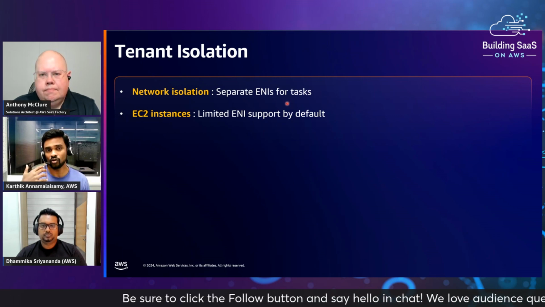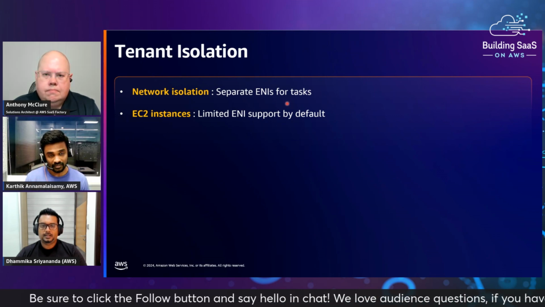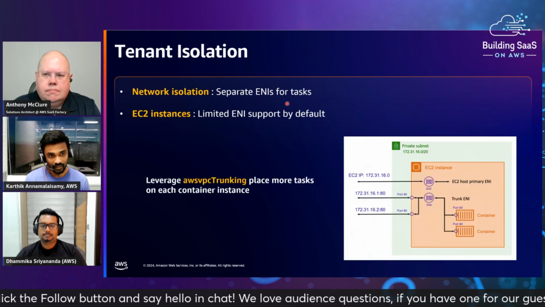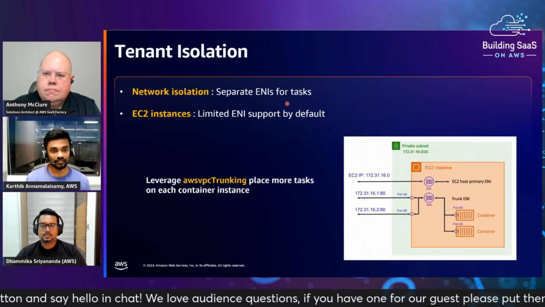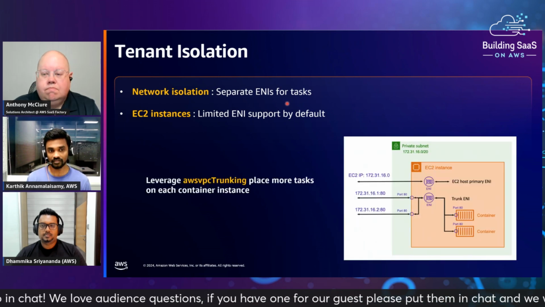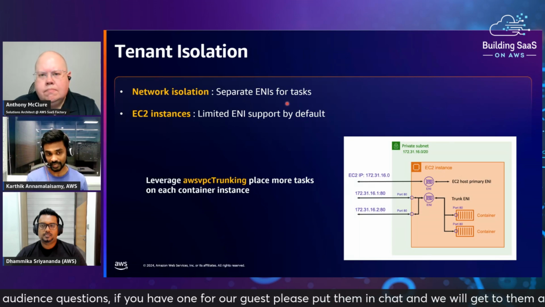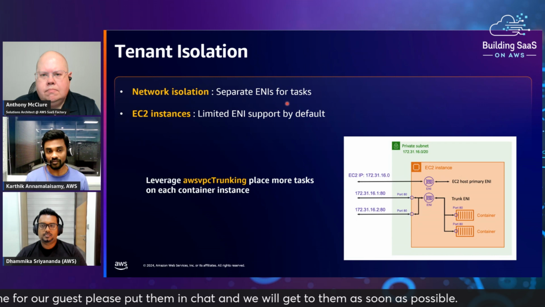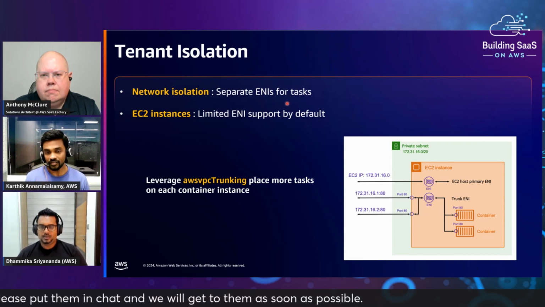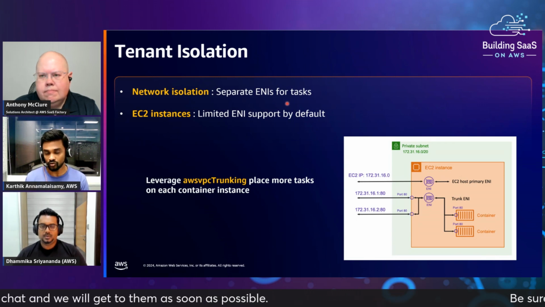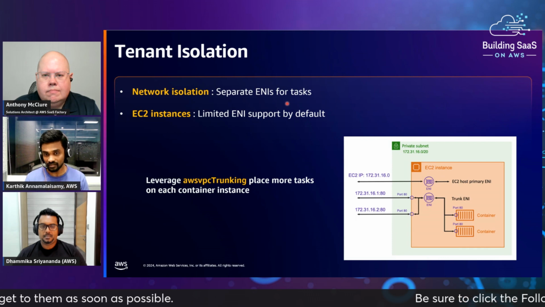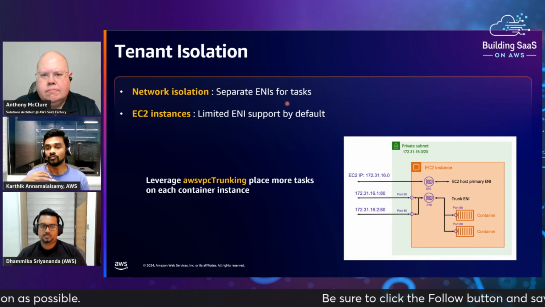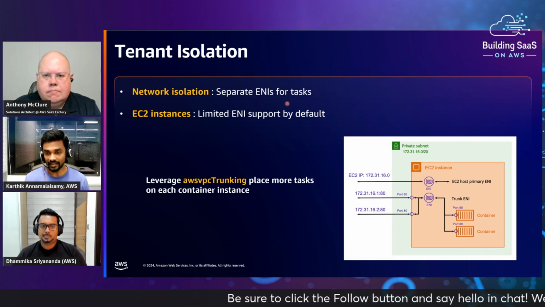So to address this shortfall, ECS itself provides an option which is called AWS VPC trunking. This is an ECS specific feature which can be enabled at the account level, which will make sure that every supported EC2 instance which you are using as compute for ECS will be able to have more ENIs.